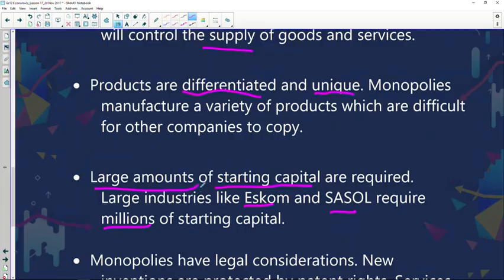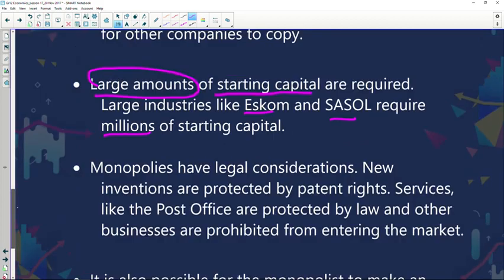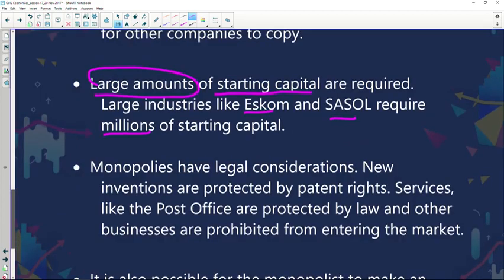It's not that easy because of the large amounts of money required in terms of startup capital. Eskom and Sasol are good examples of companies that require huge amounts of capital in order to be established. That on its own acts as a barrier in the market because of the amount of money required to start those businesses.